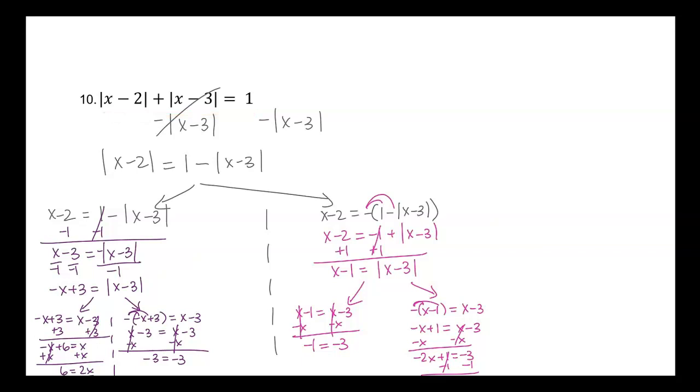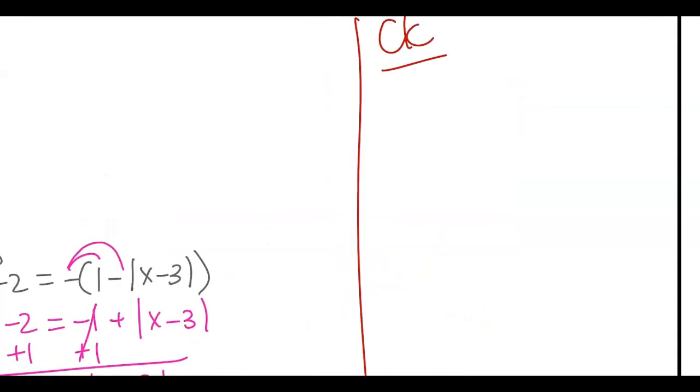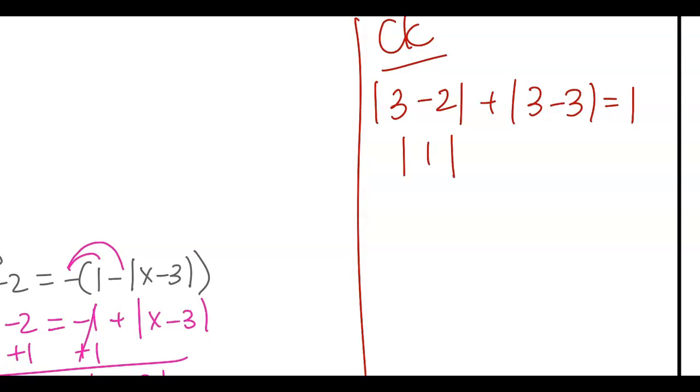So let's double check. Over here to the side, I'm going to do this in red for my check step. We're going to take the absolute value of x, which I'll do the first one is 3, minus 2, plus the absolute value of 3 minus 3, should equal 1. Okay, let's hope it does. 3 minus 2 is just 1. 3 minus 3 is 0.